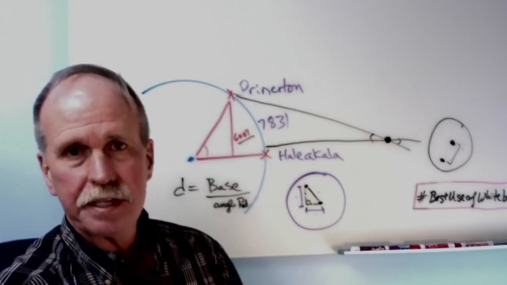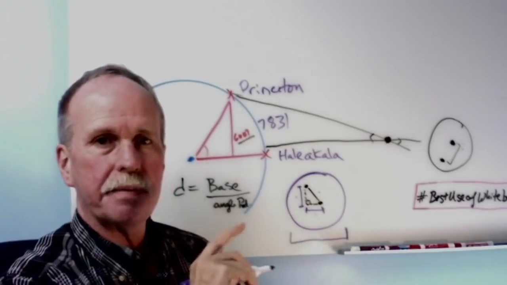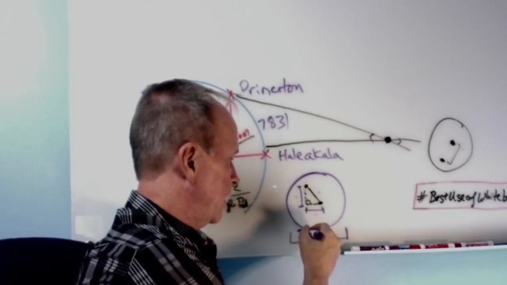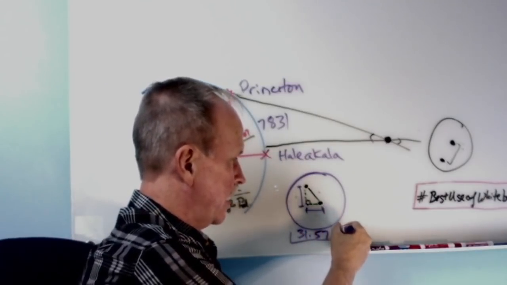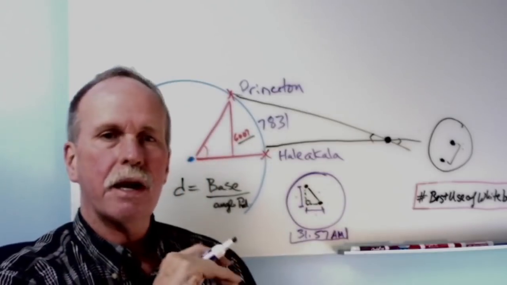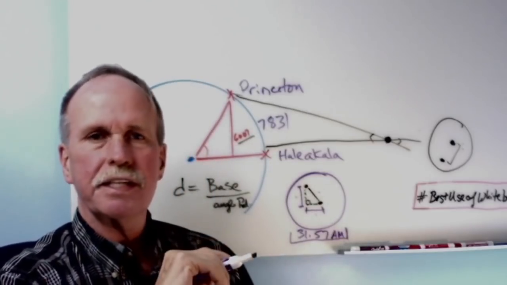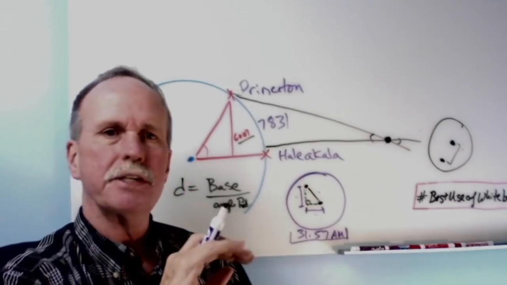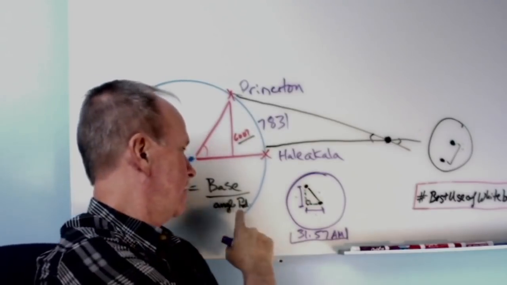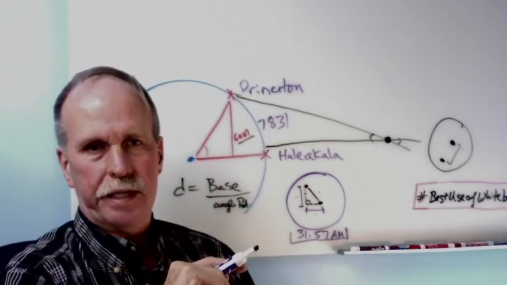So on the day of this observation, the diameter of the sun was 31.57 arc minutes. Now an arc minute is 1/60th of a degree. Now what we need to do on this particular exercise is we need our angles in radians.